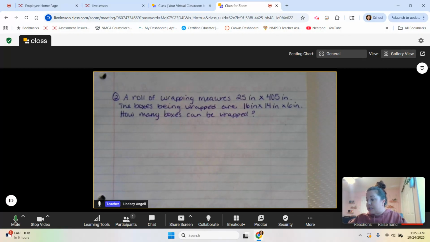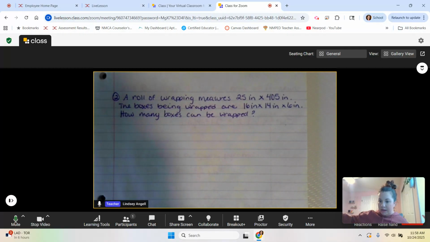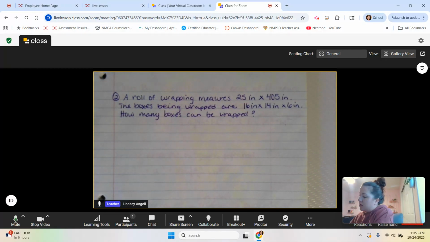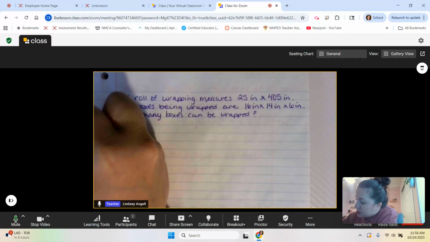All right, so first off, we need to find the total area of the wrapping paper, okay? That's just length times width. If you were to unroll it, it would just be one massive rectangle, right? So I'm going to take notes to make sure I get everything.